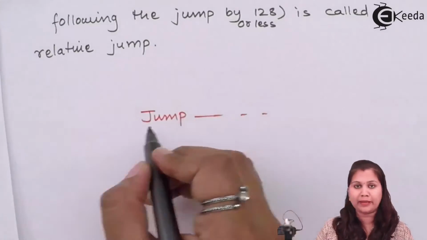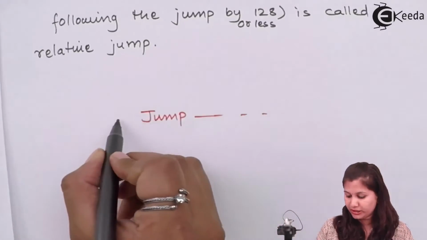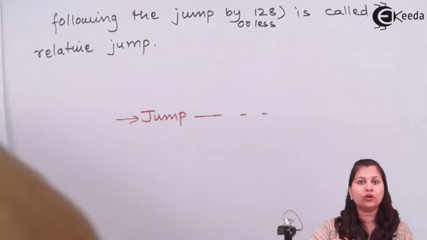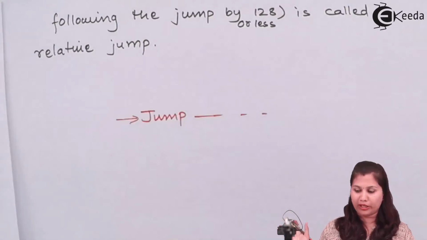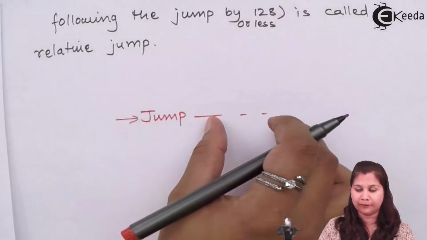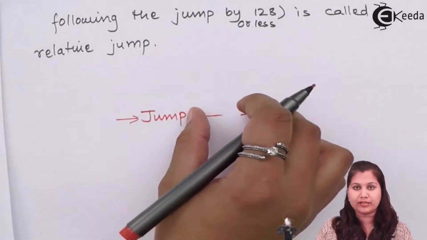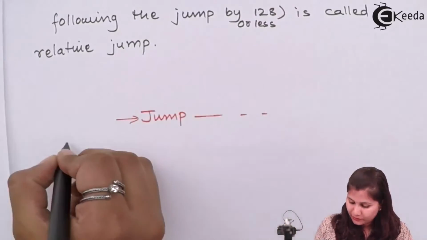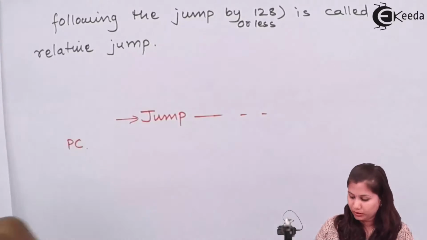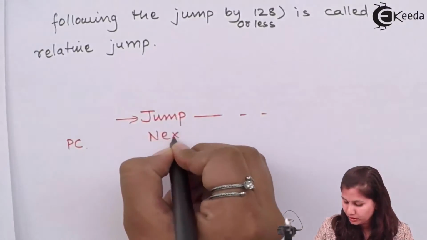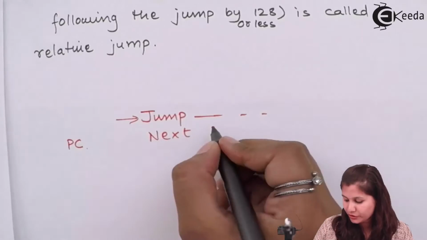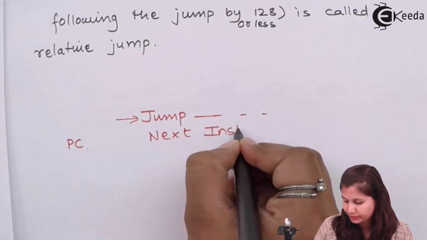When the microcontroller executes this jump instruction, it has to jump to some memory location whose address is given here. Next we have the program counter, which holds the address of the memory location where the next instruction is written.